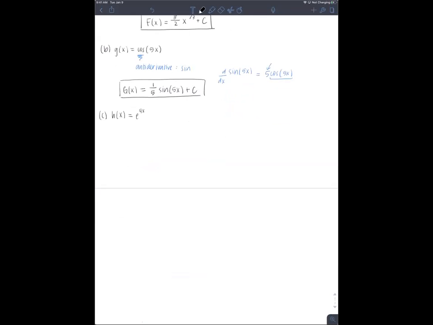So here, what is the antiderivative of e? Like, what did I have to differentiate to get e?